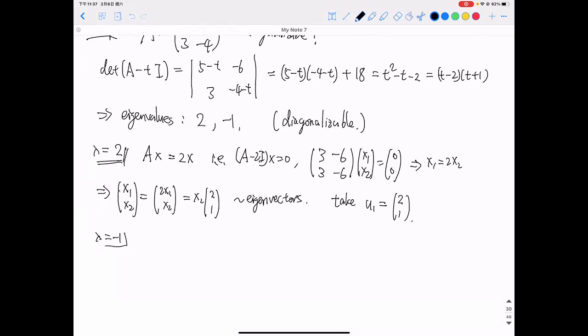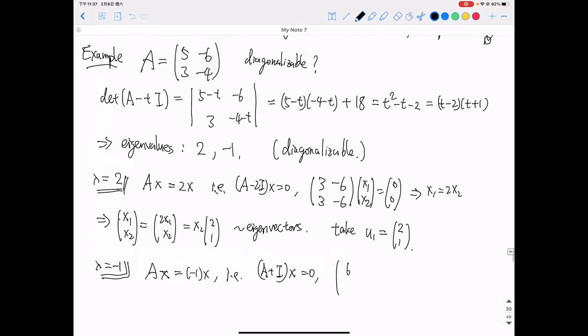Now for lambda equal to minus 1, we are looking at the system Ax equals minus 1x, or (A plus I)x equals 0, which is the same as 6, 3, minus 6, minus 3, times x1, x2 equaling 0, 0.